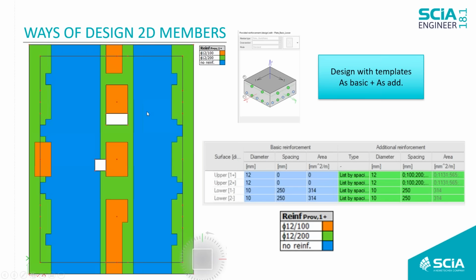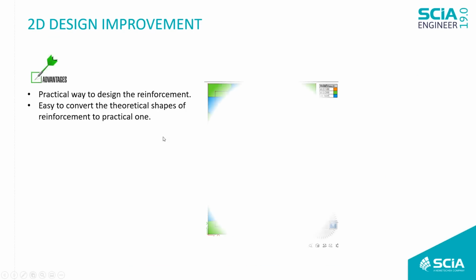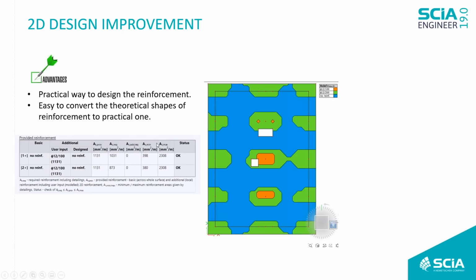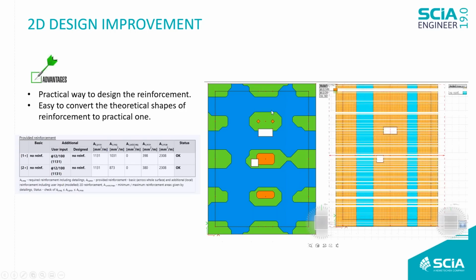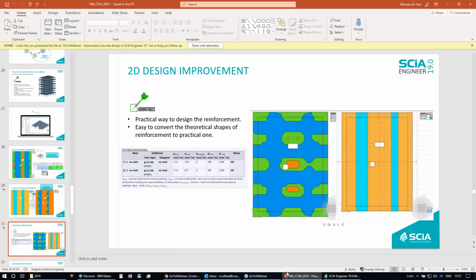There is also something I would like to mention quickly. This is already done. Now the question is, can I use this combination of real bars with the template reinforcement in the checks? Yes, you can use them.